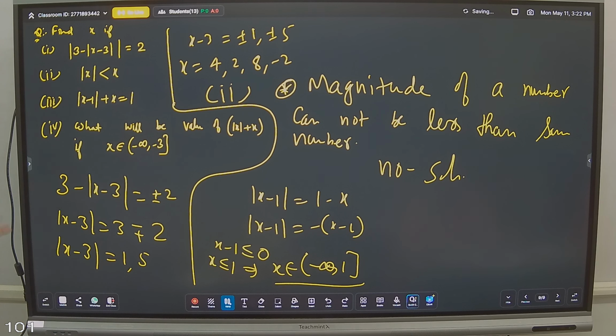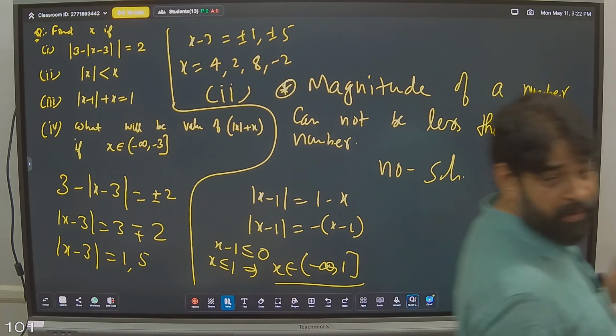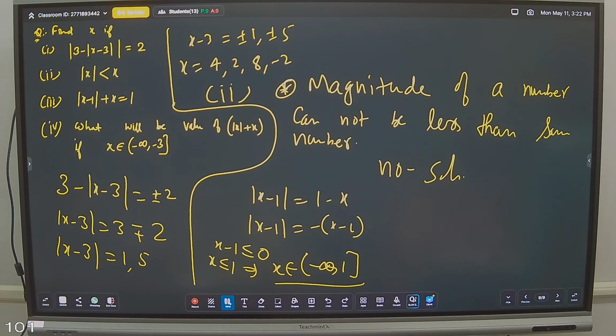If anybody did not understand, please raise your hand. Okay. Everybody else? Mod a equal to minus a is written. What condition will you say? When is mod a equal to minus a? We just learned it, no?